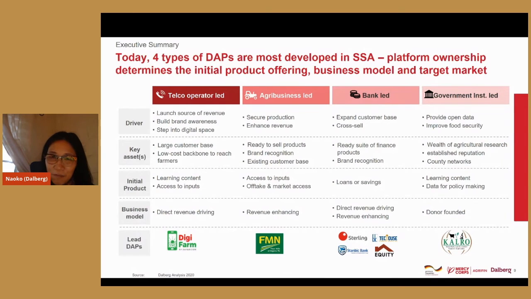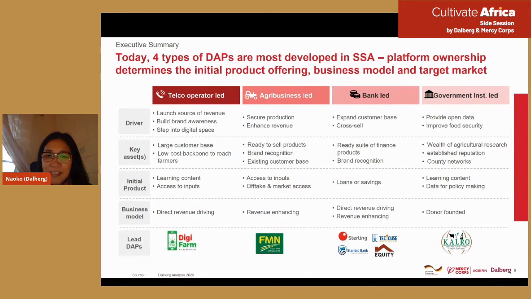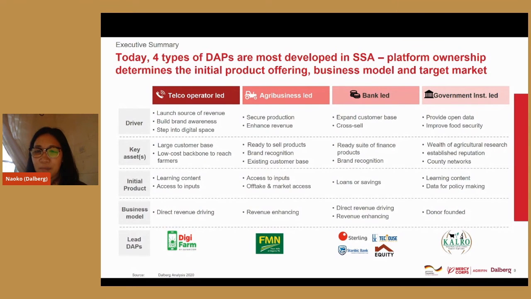So the bank, again, would start with an access to finance product, potentially coupled with some learning content. However, as the platform evolves, it will add other products onto the platform. And we see some convergence: even if they start differently, they converge to provide a similar product portfolio.